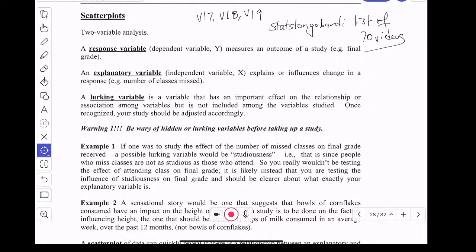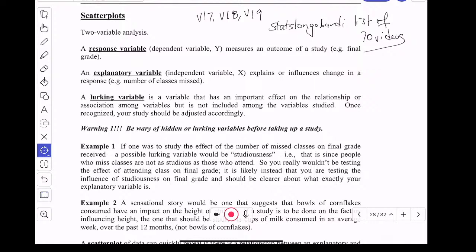But without that kind of sophisticated use of statistics, we really cannot assume that just because variables are correlated, one causes the other. So that's what we're looking for: correlation or trend between variables.